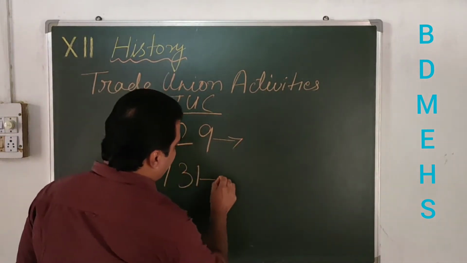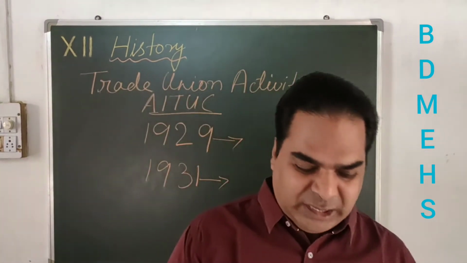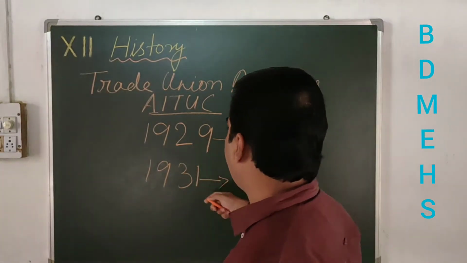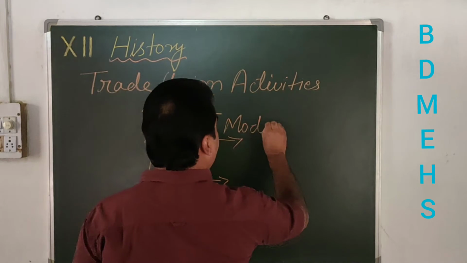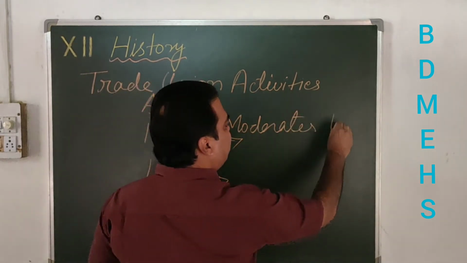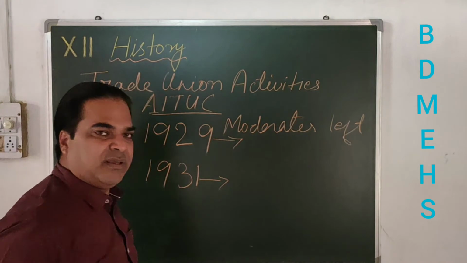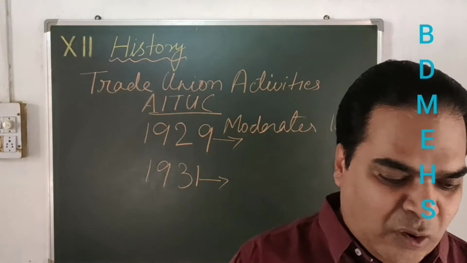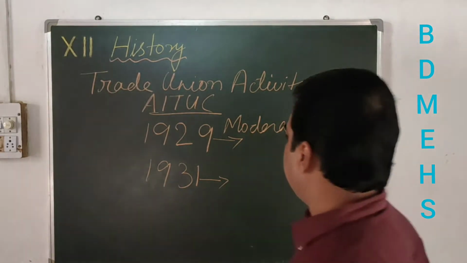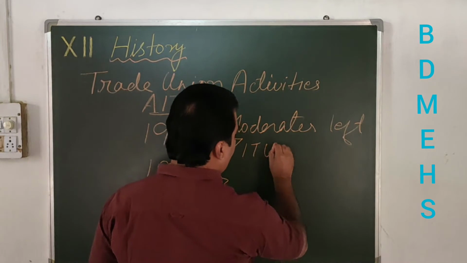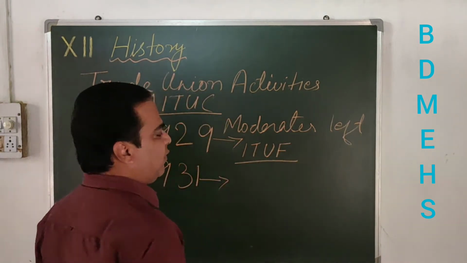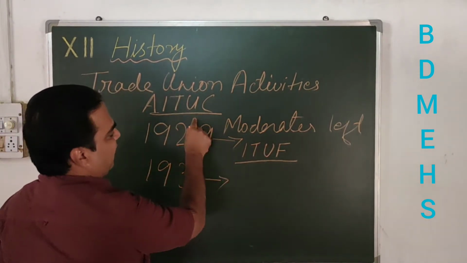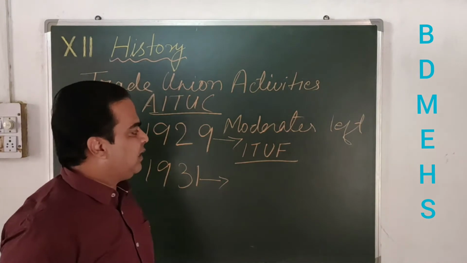In 1929 the moderates left AITUC. The moderate wing of the Congress left AITUC and formed the Indian Trade Union Federation, AITUF.